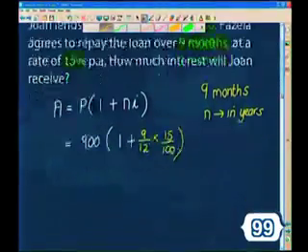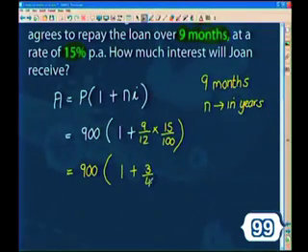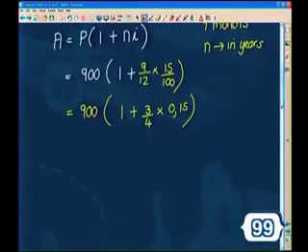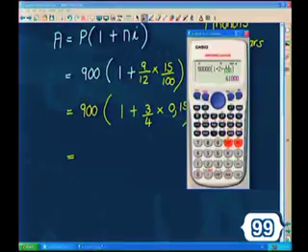Now, it's up to you if you want to spend one more line just tidying this up, all right, because the 9/12 could be simplified to 3/4. Of course, at the same time, if you wanted to, you could change your 15% to 0.15, but really this line here was not completely necessary. We could have plugged our values into our calculator as it was right there.